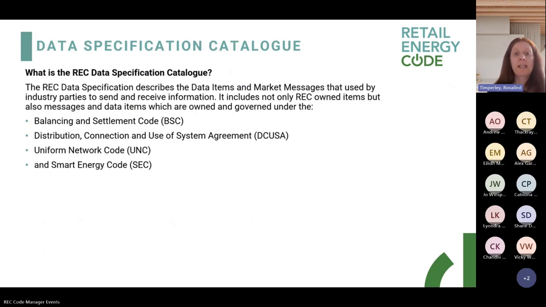It's not only REC information, so there's not only REC-owned items in that catalogue, but also market messages and data items owned by other industry codes, namely BSC, DCUSA, the Uniform Network Code, and the Smart Energy Code. So the data specification is a single home for the market messages defined across those wider codes. I'm going to pause there if anyone has any questions.